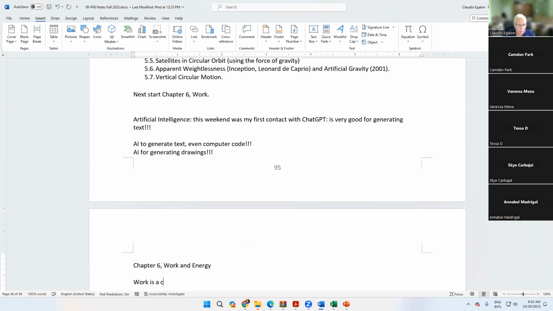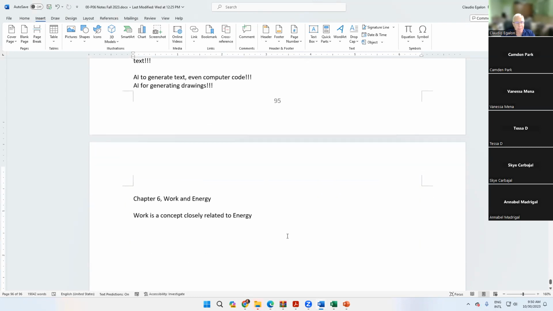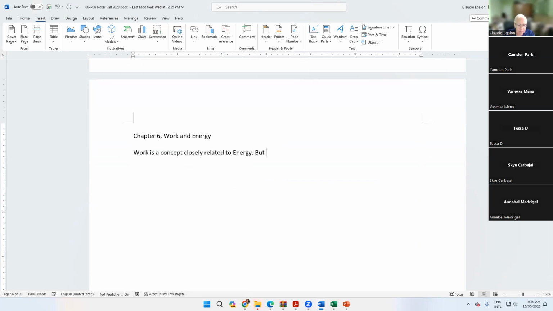Work is a concept closely related to energy. But before defining energy, in physics, we first define the concept of work.